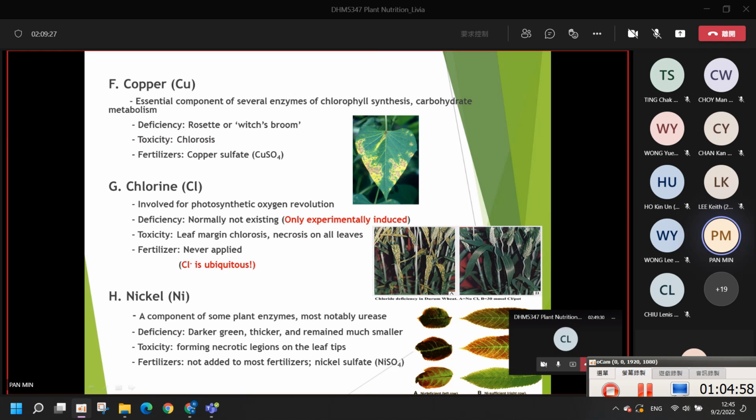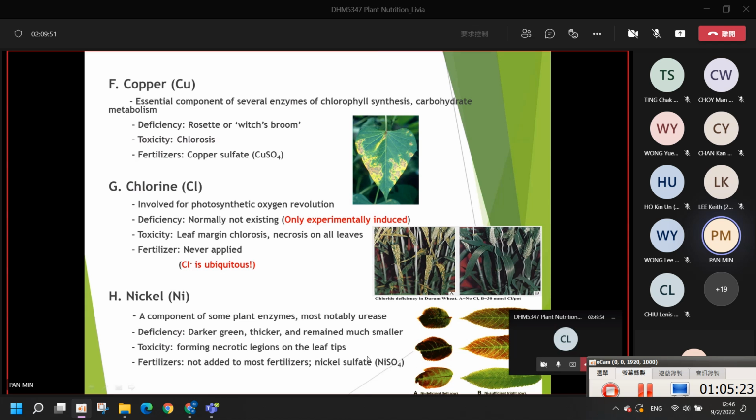The toxicity will form necrotic lesions on the leaf tip, and the leaf tip will show symptoms first. Nickel is not added to most fertilizers, but we can use nickel sulfate.